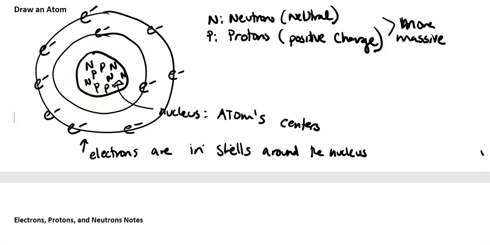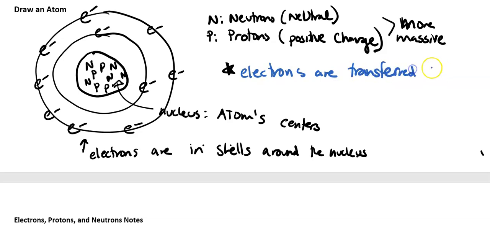If a neutron or proton moves, that physically changes the structure of the atom, and it will be a totally different atom. So it is going to be the electrons that move. Electrons are transferred between objects, not protons. And those electrons are on the outer shell, so it's much easier to move.